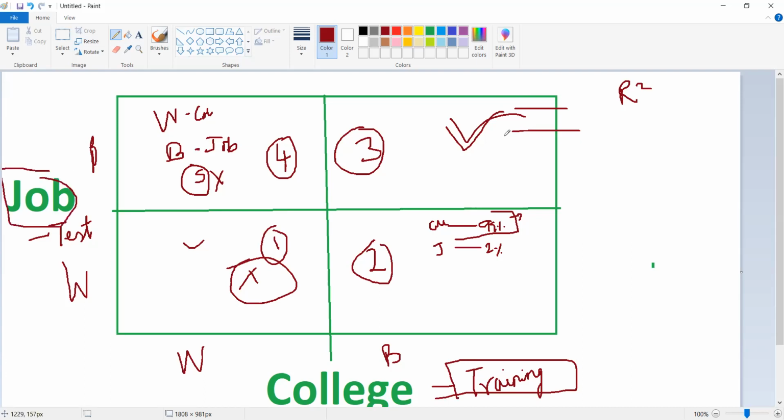So if your model is performing very good on both training and test, then you will not have any question. You will take that. Now let's say there are 10 students performing very well, right? Then that's a different way we'll measure. But first, if they are performing well on both, you have no questions to ask. If you are performing worst on both, you have no questions to ask because you want to reject it anyway.